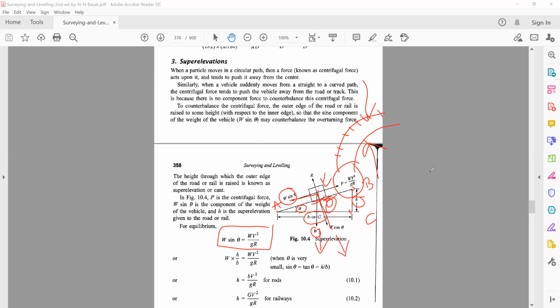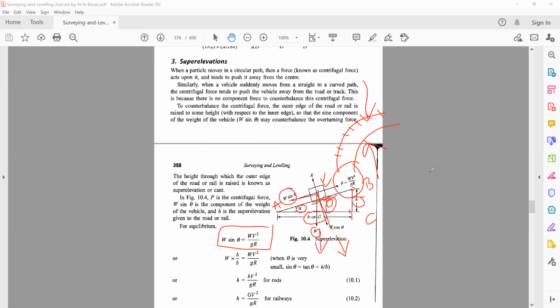Now see what sin theta is. Over here we have this triangle ABC, which forms a right angle triangle. So sin theta becomes equal to h over b, where h is the super elevation, the extent to which the outer end is raised, and b is the width of the road.